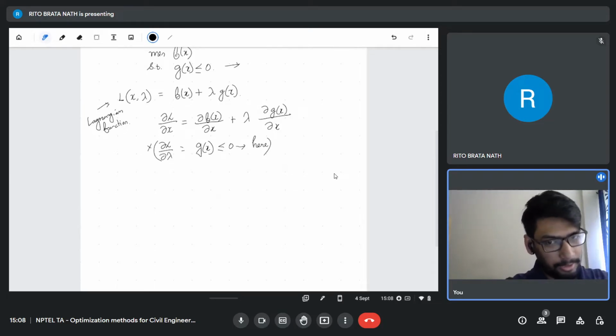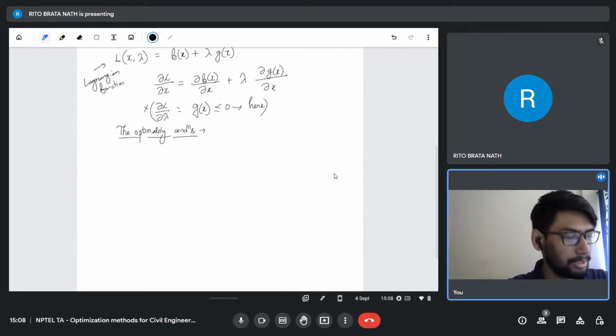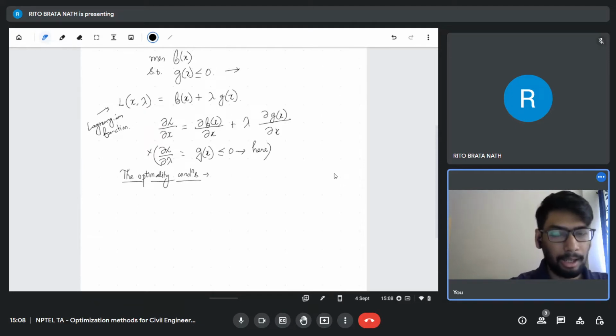So the optimality conditions, if you don't know which ones are the active constraints, as mentioned in the class, here you have just one constraint. First, you have restrictions on these lambda values.